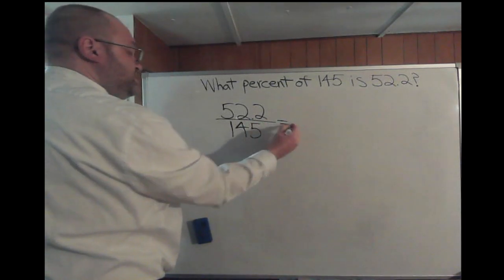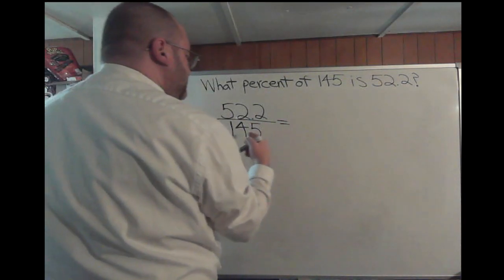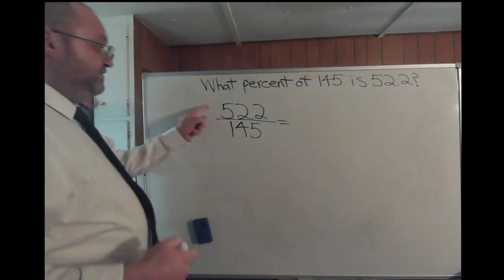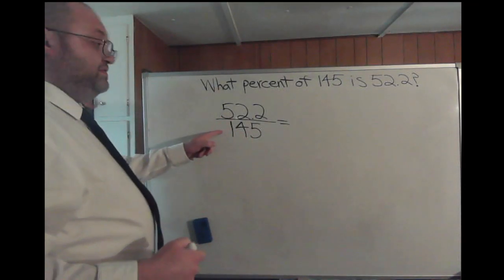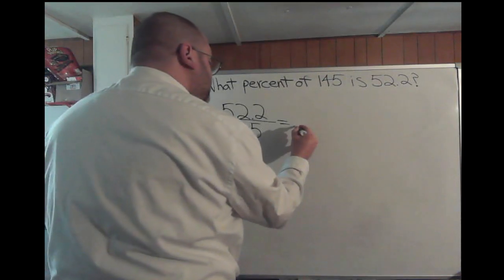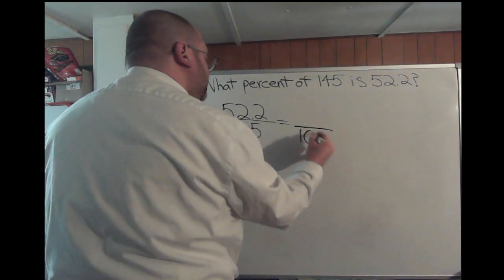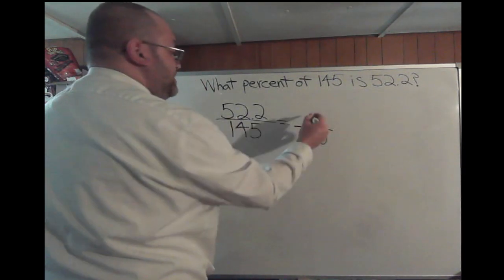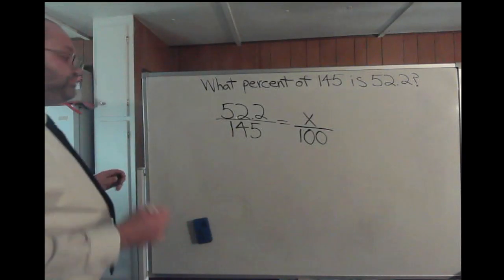What we don't know is the percent. So once again, the left-hand side is going to be that 52.2 out of 145. Your right-hand side is always going to be a denominator of 100. We don't know what the percent is, so let's pick x.